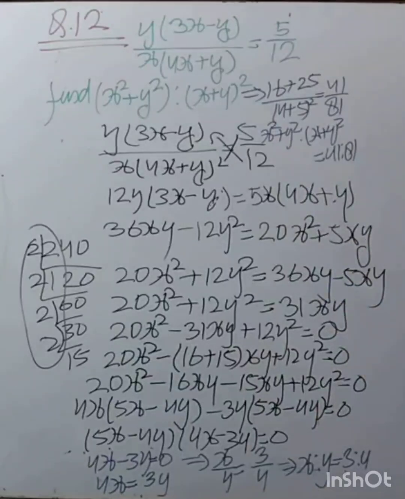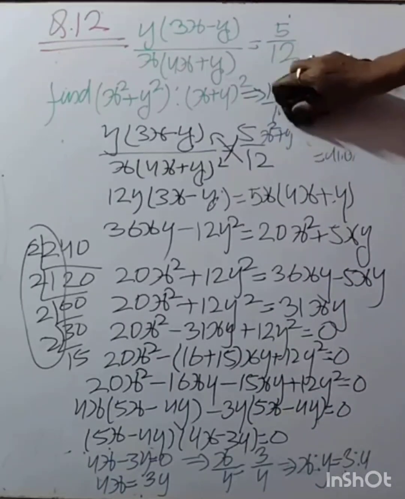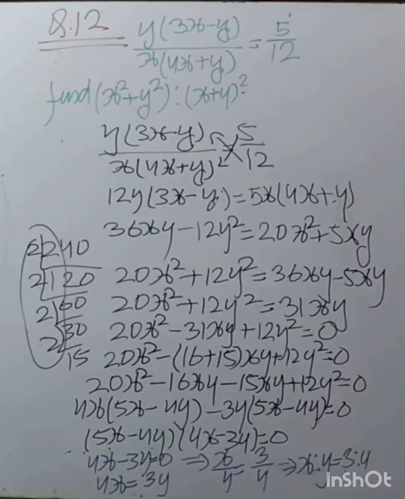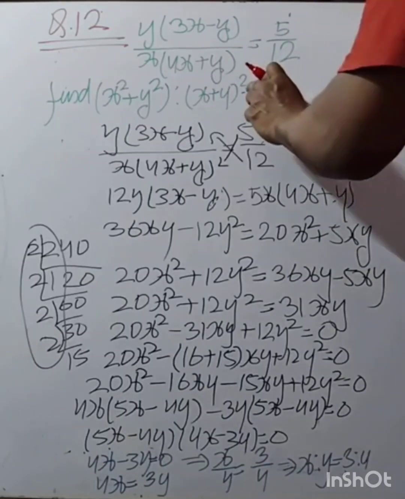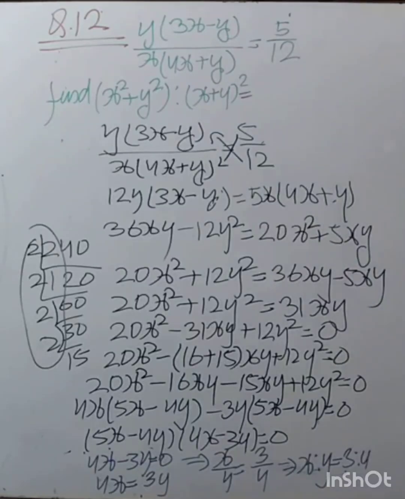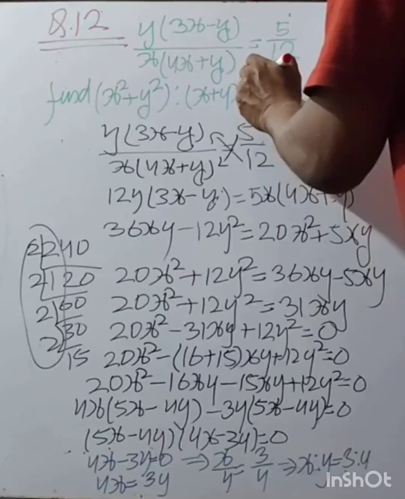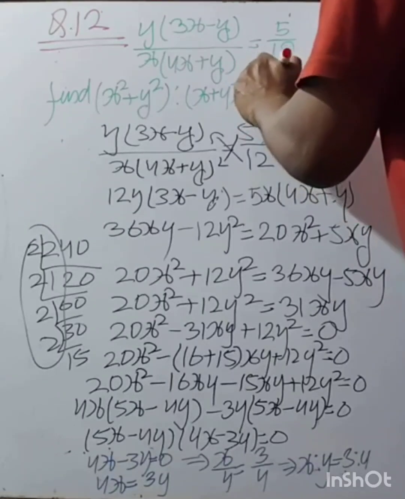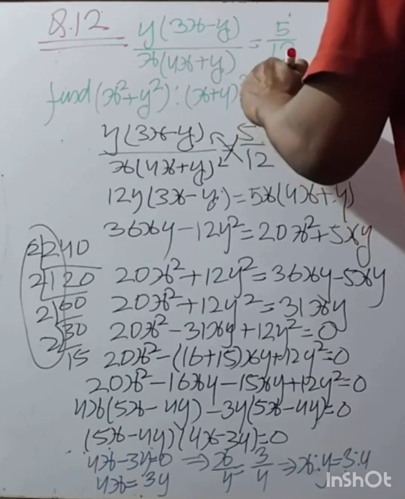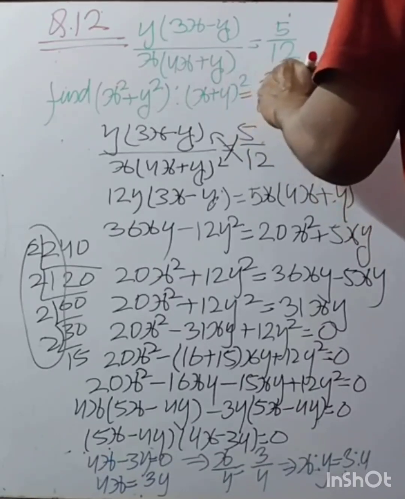Now when you put it here, 3 square plus 4 square upon 3 plus 4 whole square.